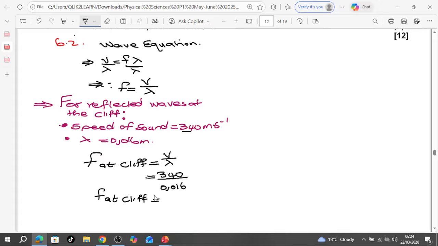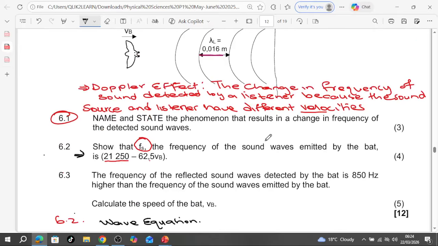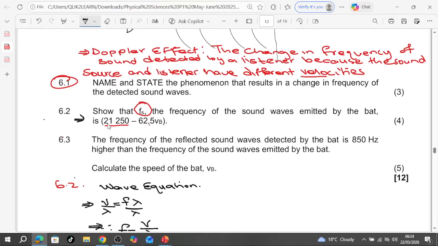When I put this on the calculator, what do we get? Nice, 21,250 Hz. So now you'll see me smiling in an exam, because I know that I'm on the right track.